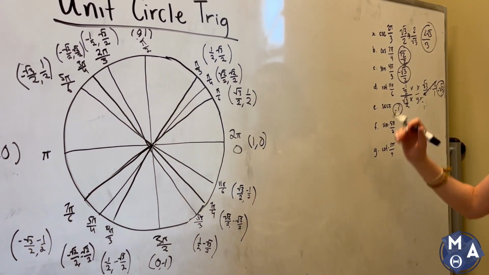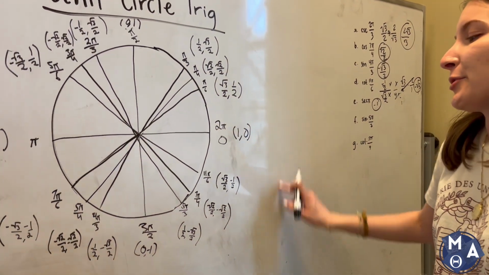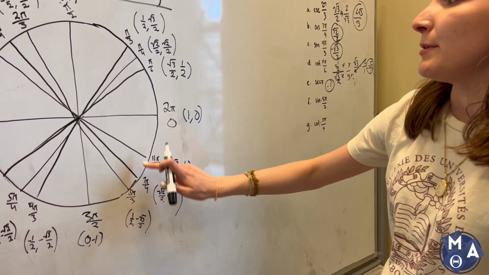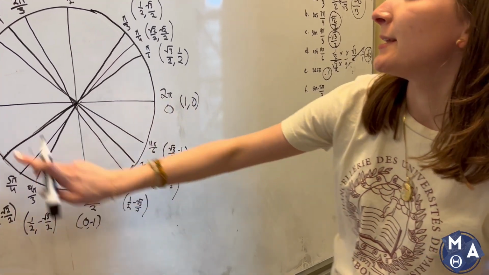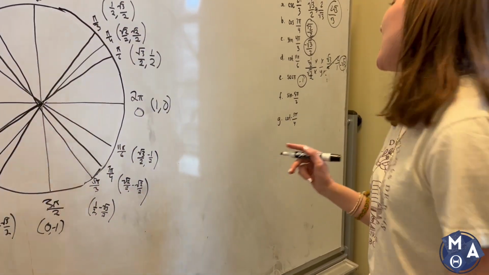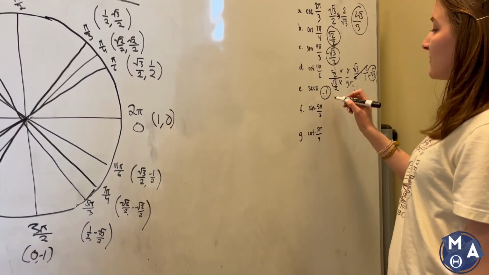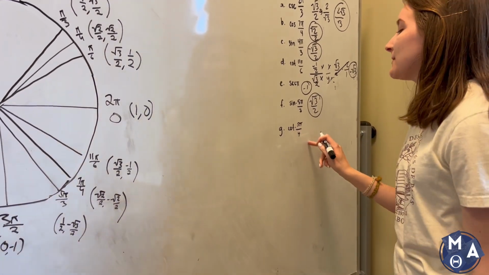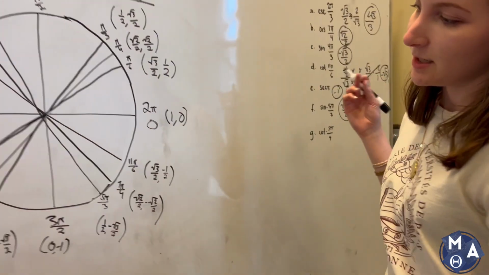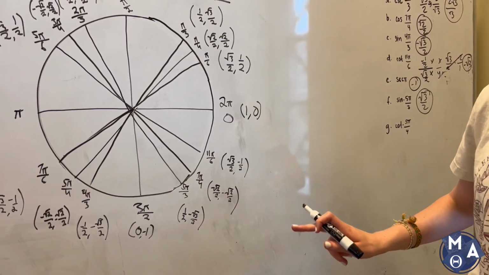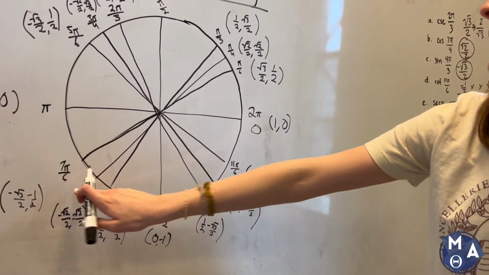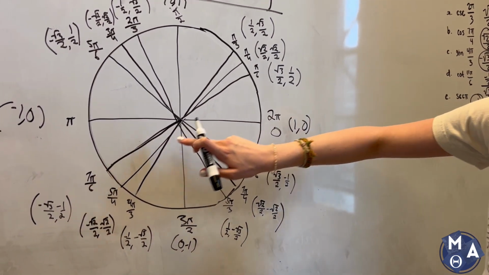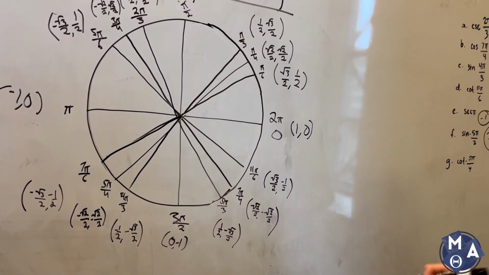Sine of negative 5 pi over 3. Then we need to count backwards. If you think about where 5 pi over 3 is, it's down over here, but if we were to go negatively, we would need to go all the way over here to pi over 3. And what's the value there? Root 3 over 2. And then cotangent of negative 5 pi over 4, same deal. We see it right here. If we go like this, we get over here, but if we were to go negatively, it'd be 3 pi over 4.